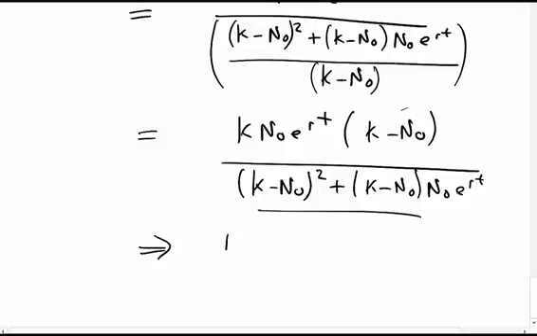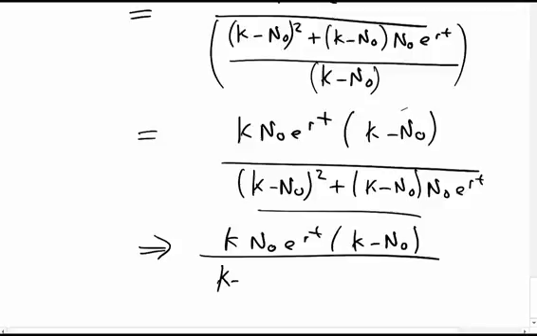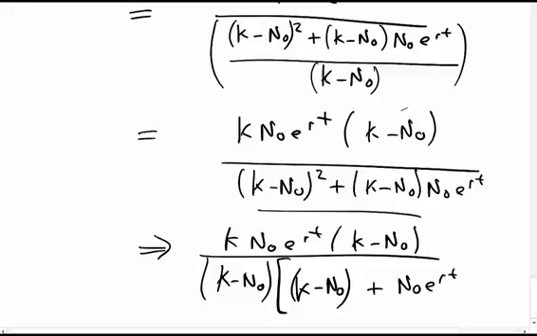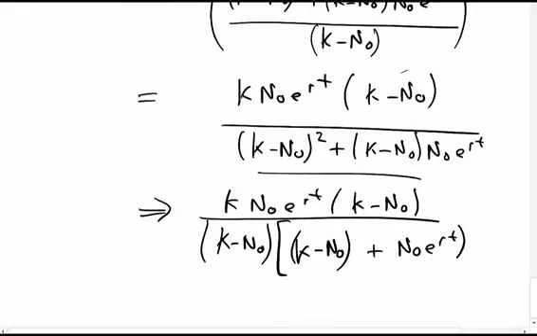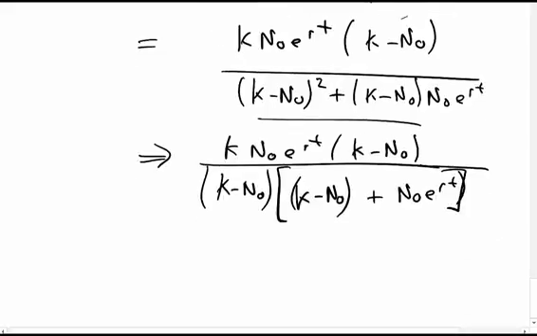So I'm going to take k minus n naught out of this bottom here. So I'm going to end up with k n naught e to the rt times k minus n naught over k minus n naught times k minus n naught plus n naught e to the rt. So those two things cancel.